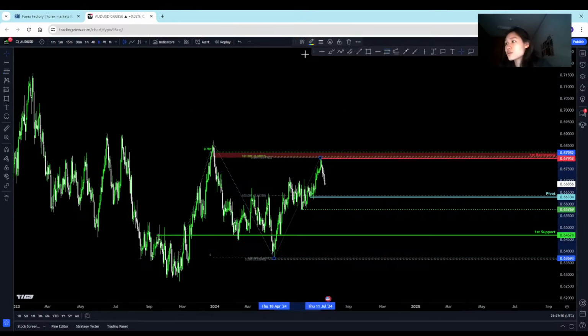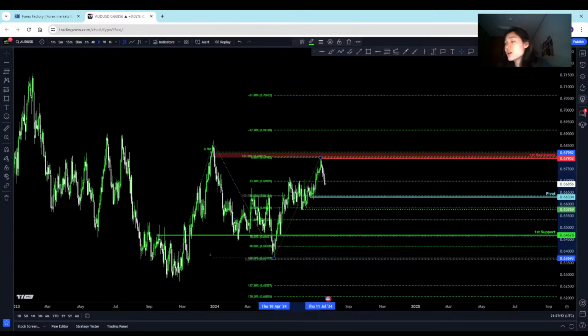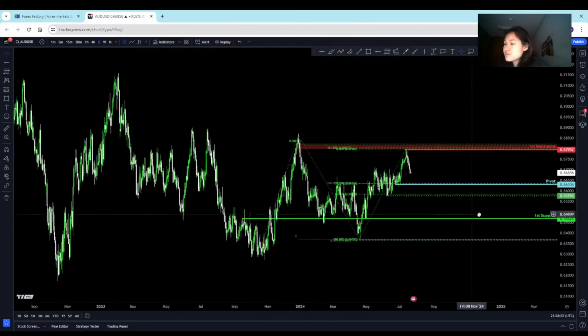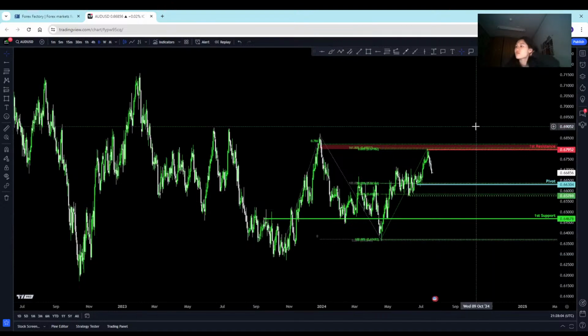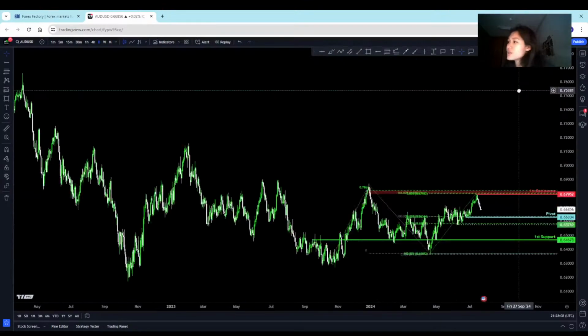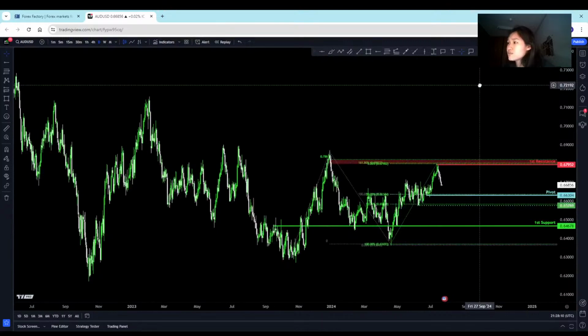Here I'm looking for retracement, and I can see my 50% and 38.2 lining up with our pivot and intermediate resistance. I think that might be all the levels that we have.